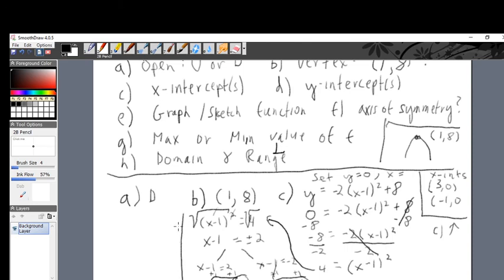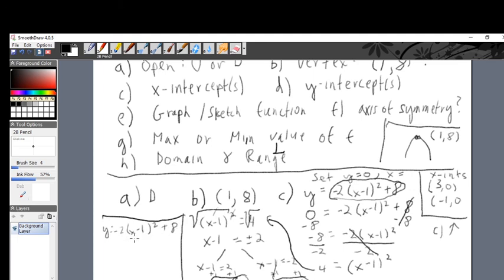One more thing on this paper, and we're going to move on to do the rest in a second video. What do I want? I want my fourth question, the y-intercept. Take the original function, which I have right over here, y equals negative 2 times (x minus 1) squared plus 8.